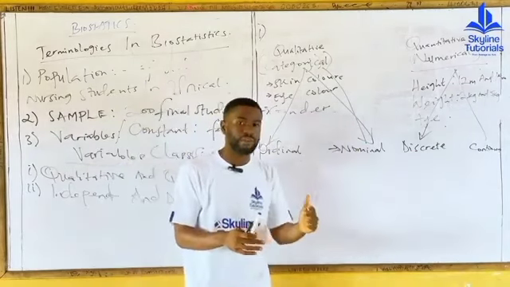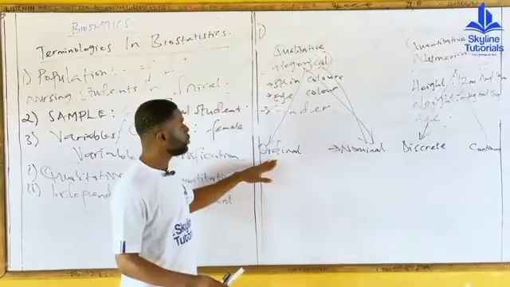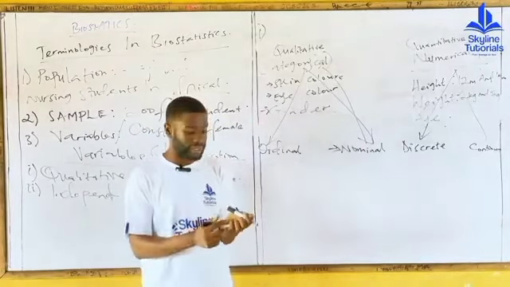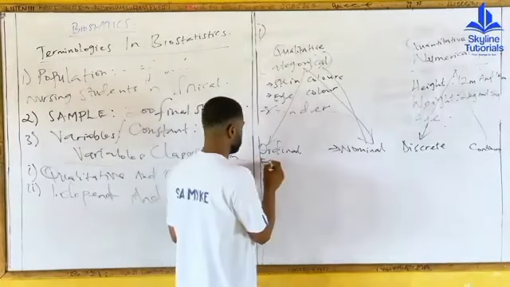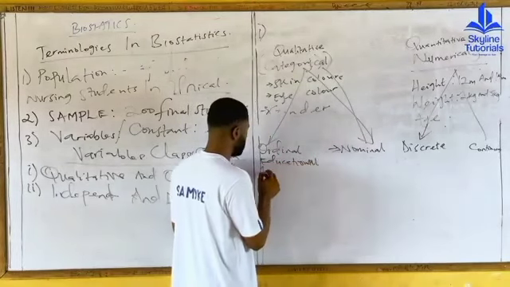Although they are different, remember when you're talking about variable, you're talking about differences, variation, varies. So, ordinal variables have ranking. For example, a person's educational level.